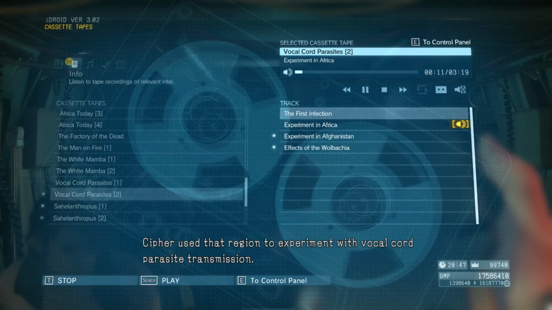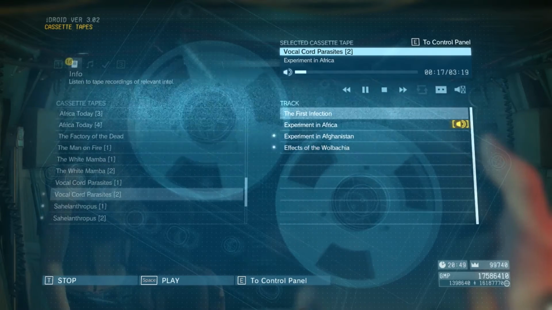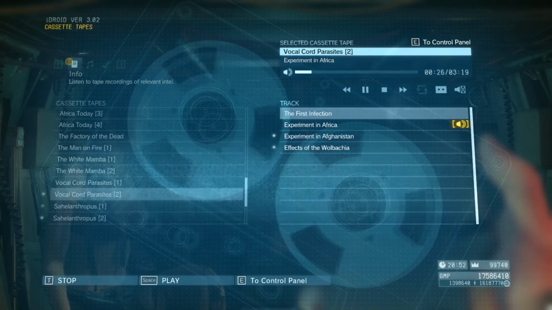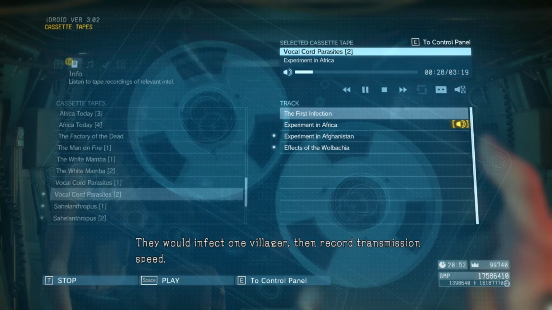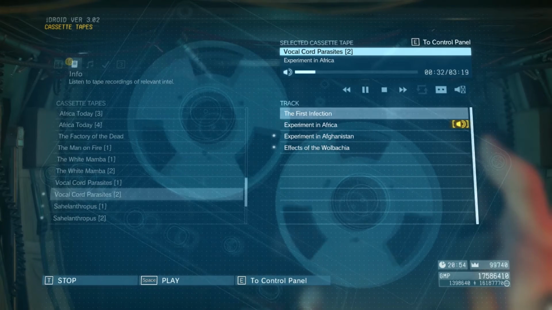Cypher used that region to experiment with vocal cord parasite transmission. The Kikongo strain. The settlements around the refinery upstream of Bwala Yamasa were the proving grounds. They would infect one villager, then record transmission speed. Dangerous work.